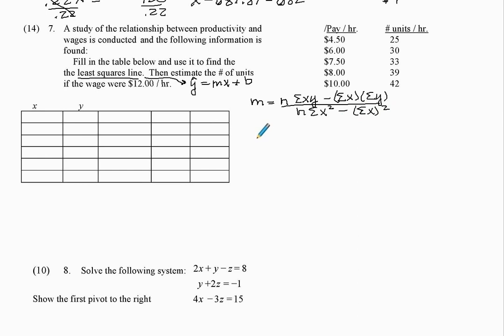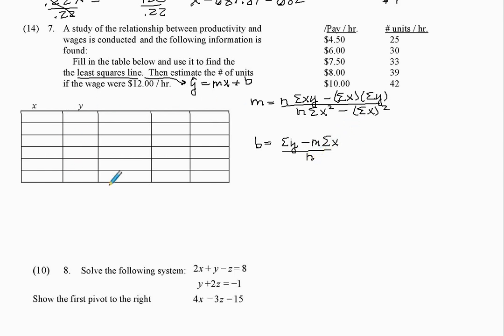And then your b is the sum of the y minus m times the sum of the x's, over n. So those you'll be given.